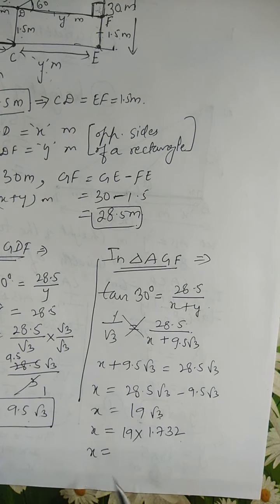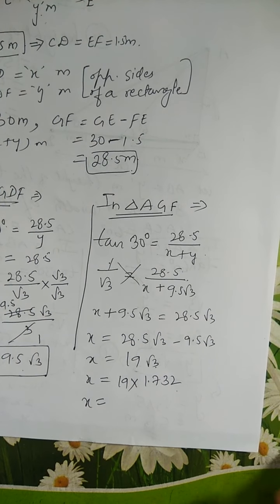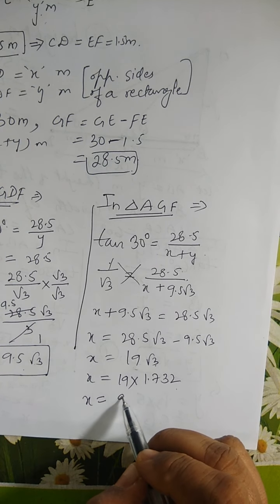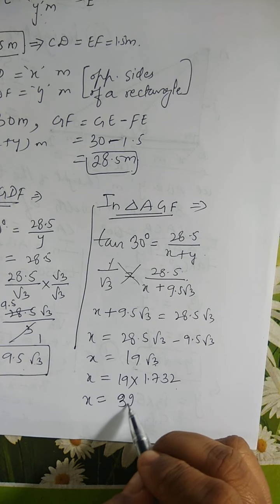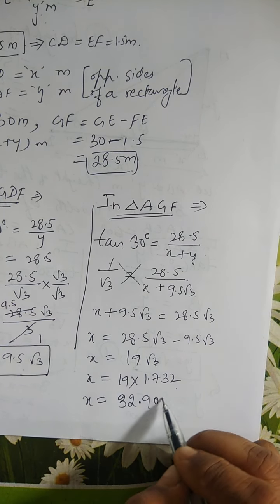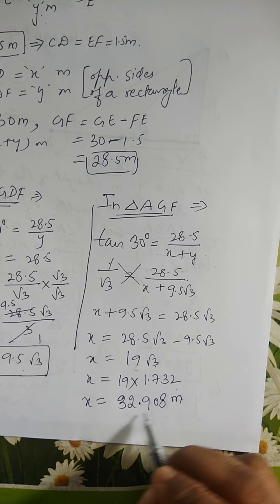If you multiply, you will get 32.908 meters.